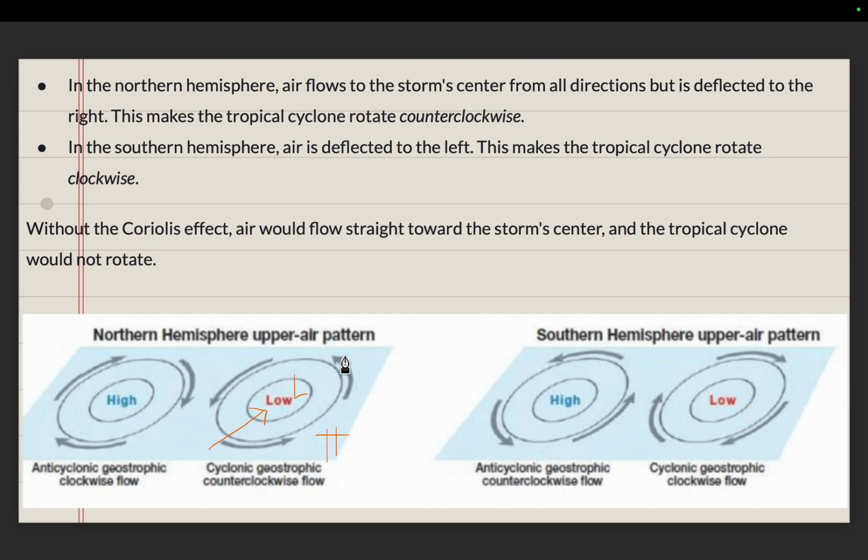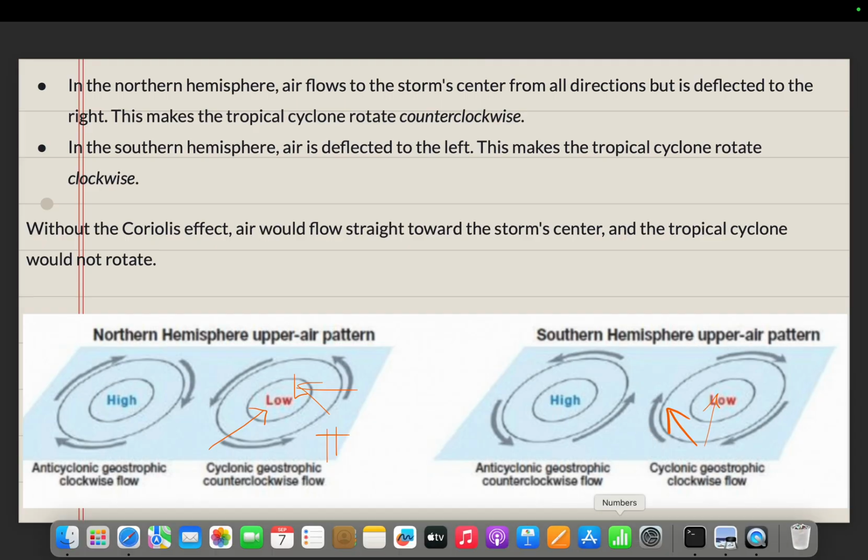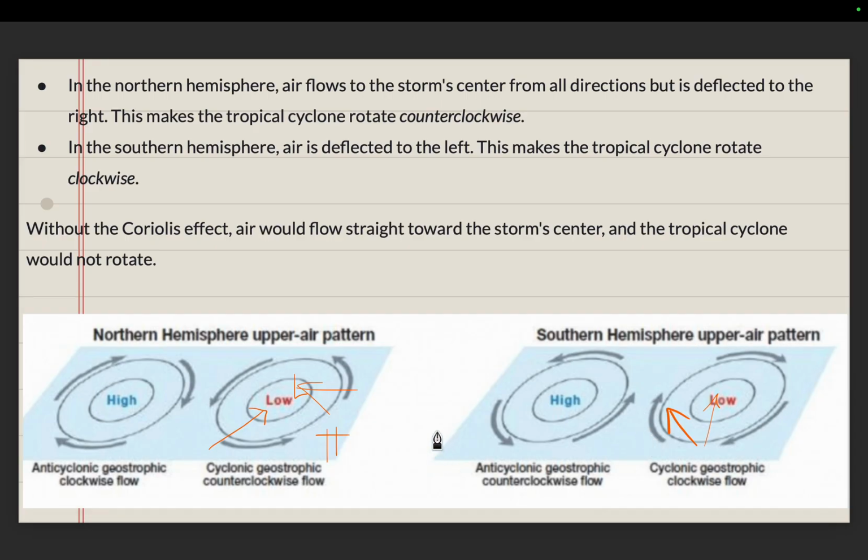So there will be an anti-clockwise flow of air in the northern hemisphere cyclone. But for the southern hemisphere cyclone, when the air tries to move in this direction, it will move to the left of it.